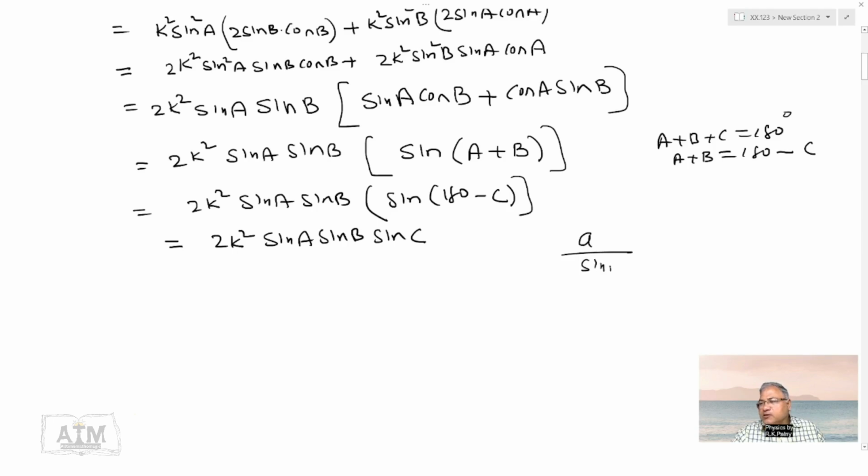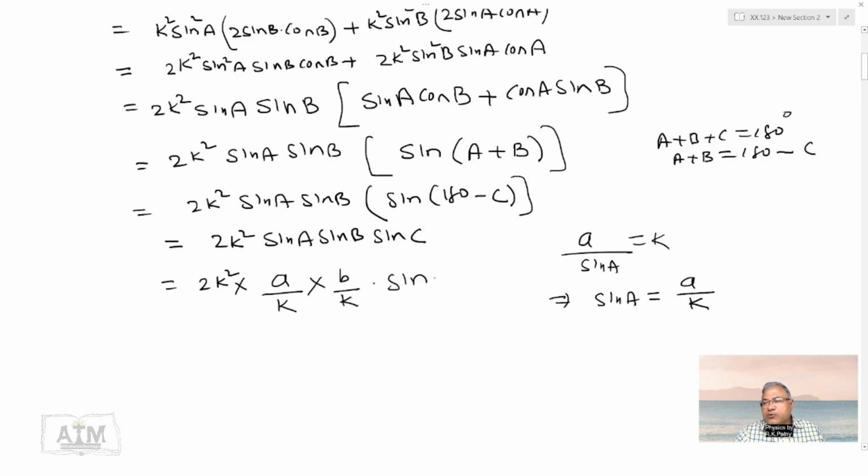A upon sin A equals K, which implies sin A equals A upon K. So here in 2k square, in place of sin A you can write A upon K. Similarly, in place of sin B you can write B upon K, into sin C. Here is k square, here k cancels, that equals twice AB sin C, that is nothing but RHS. Therefore LHS equals RHS. Proved.